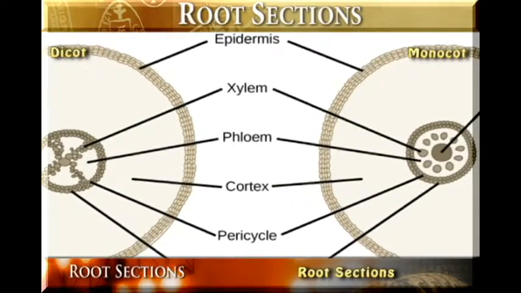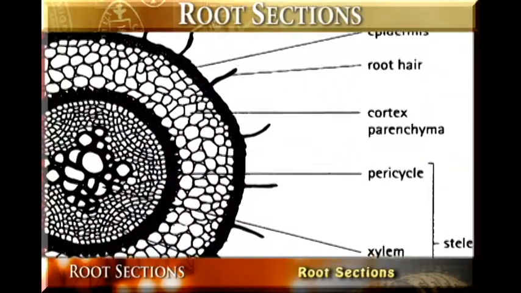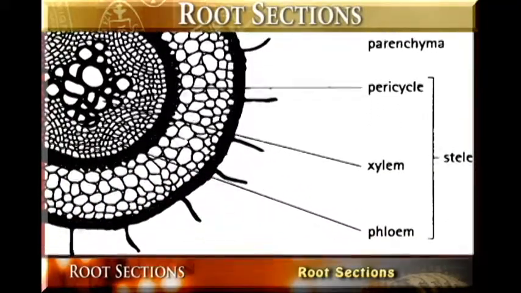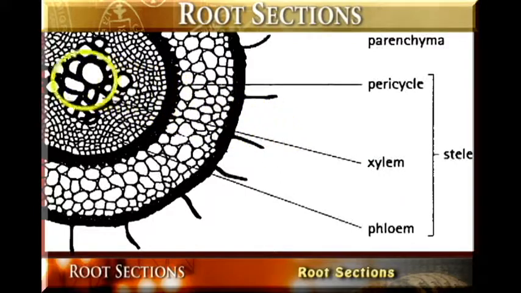If you look at the dicotyledonous plant, the xylem is arranged in the middle of the root, and the phloem are at the periphery. They are outside of the xylem.